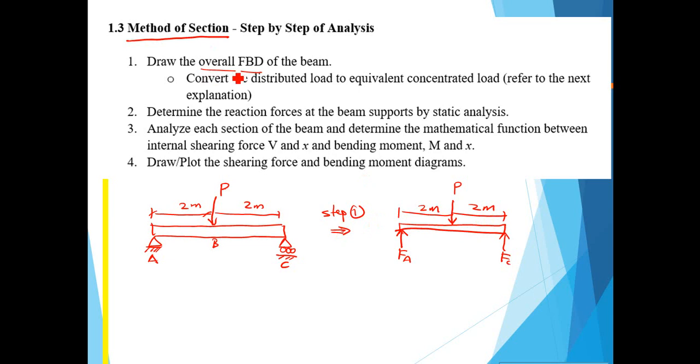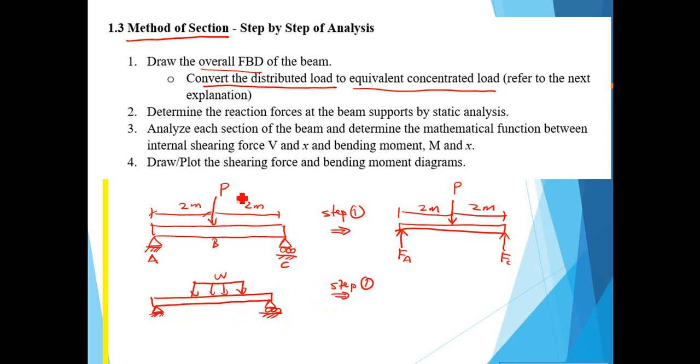Step 1, draw the overall free body diagram, and then convert distributed load to equivalent concentrated load. This is the case if you have distributed load. For example, the same beam, but subjected to distributed load.